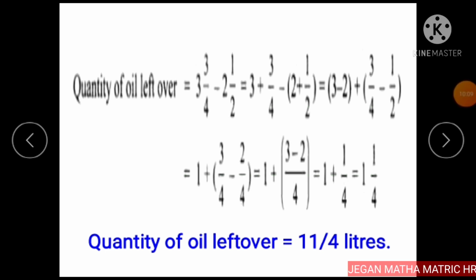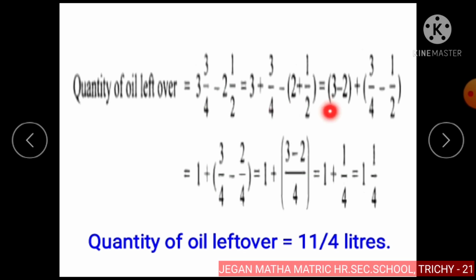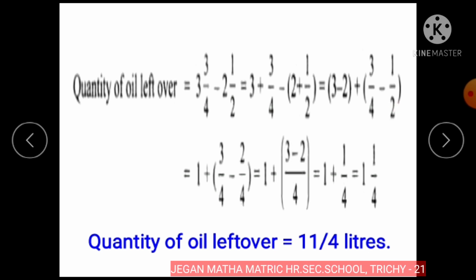So first we find the difference between the whole numbers 3 and 2. 3 minus 2 equal to 1. And then we find the difference between the fractions 3 by 4 and 1 by 2. 3 by 4 minus 1 by 2. Here two different denominators are there. So we find the same denominator.